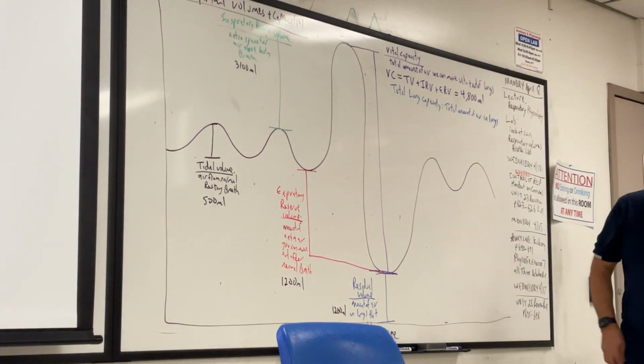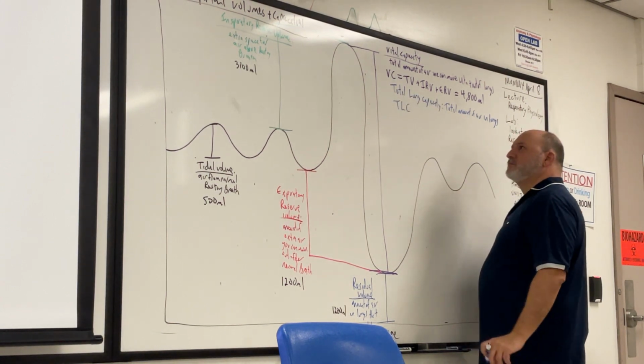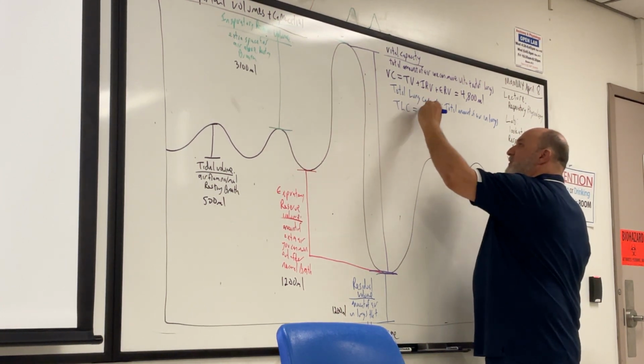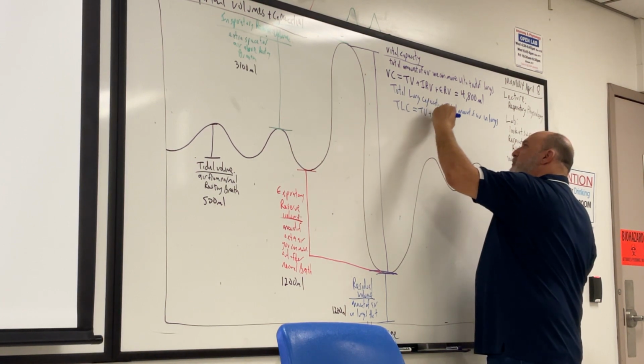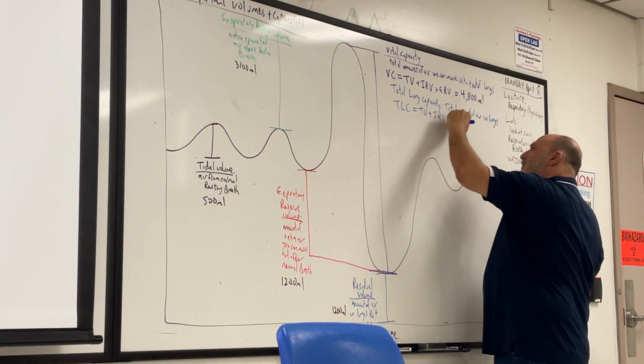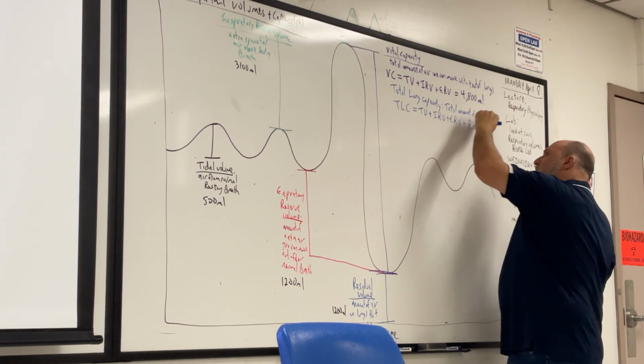And how would we calculate our total lung capacity? Add everything. You'd add our tidal volume plus our inspiratory reserve volume plus our expiratory reserve volume plus our residual volume.